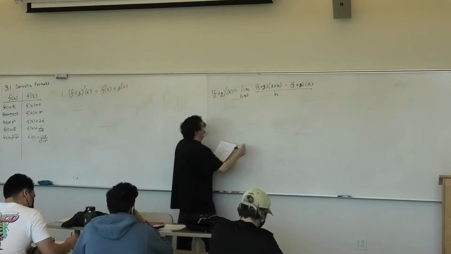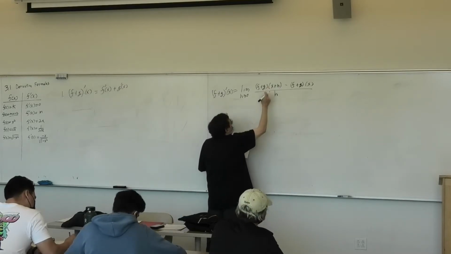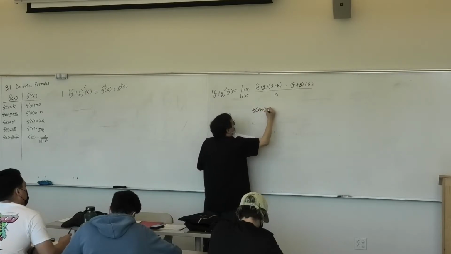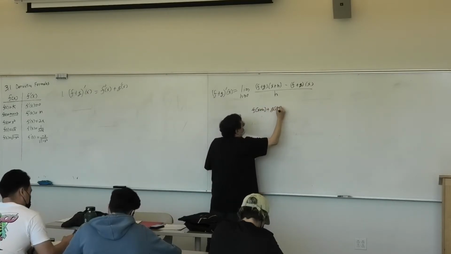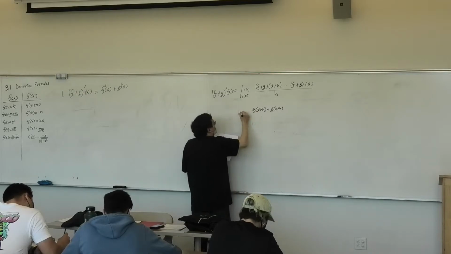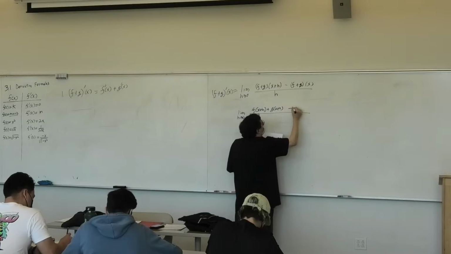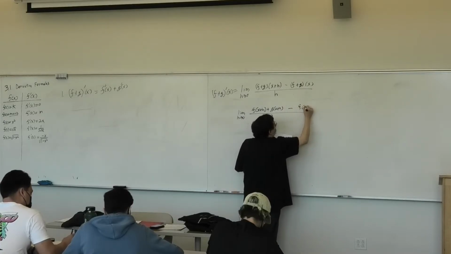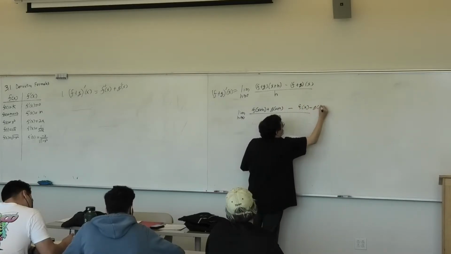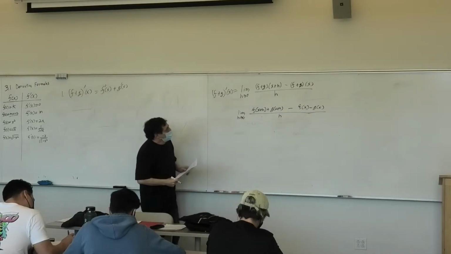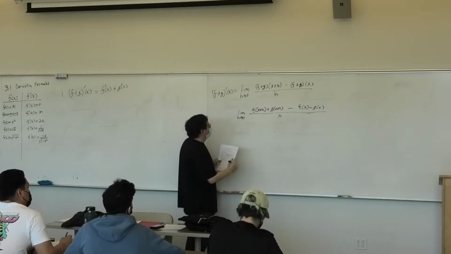Well, this is easy to compute. This is f of x plus h plus g of x plus h minus f of x minus g of x, all over h. Now we can recombine this.